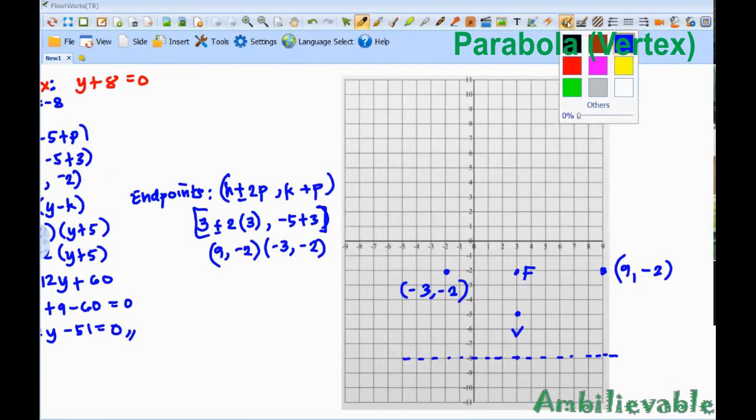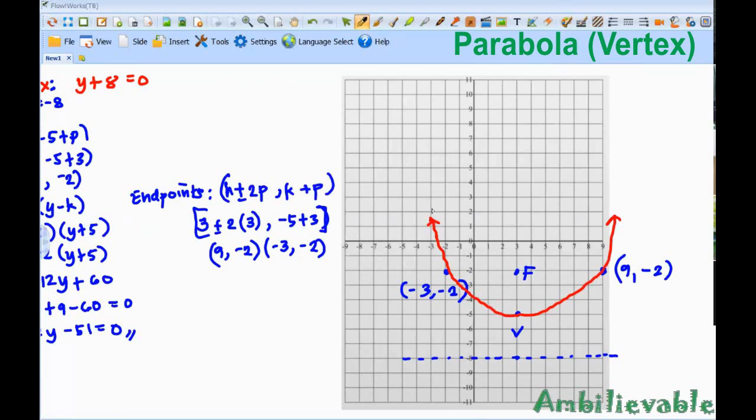And we have to connect the graph at the points. So this is our parabola. This is our vertex. So the vertex is at (3, -5), right?